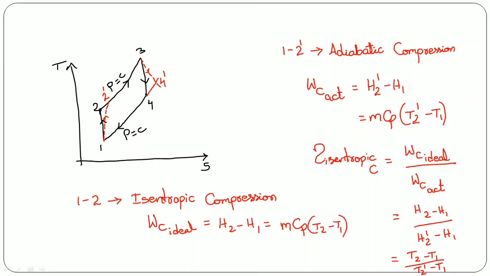Now let us go for the turbine case. If you observe the turbine case, process 3 to 4 is isentropic expansion, which is an ideal process. So when we have this isentropic expansion, the work developed by the turbine becomes the ideal work output.